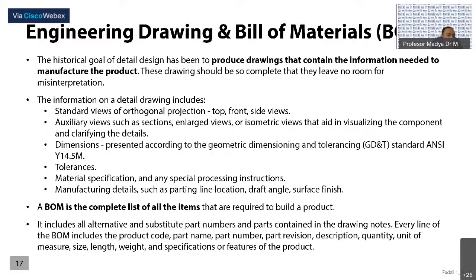Maksudnya parts tu material dia apa, berapa quantity you nak, and then berapa size, dimension semua dia dah kena ada, sebab engineering design drawing tu lah nanti yang you akan bagi pada manufacturing engineer untuk dia produce the product.